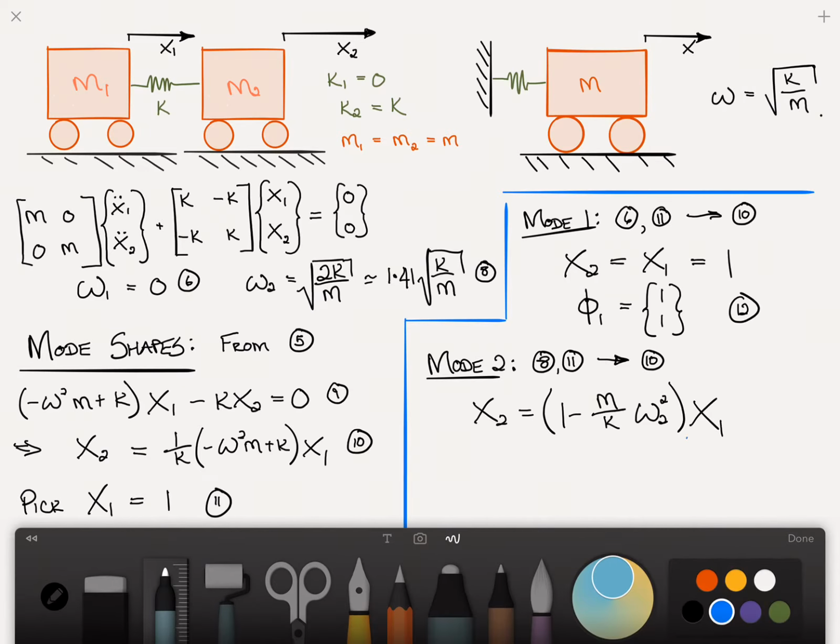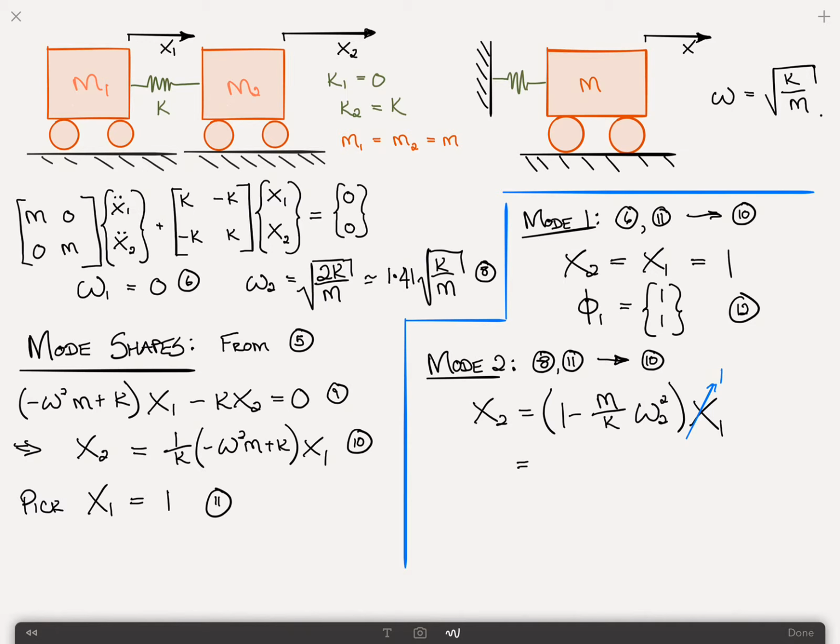Okay, we know that x1 equals 1. I'm just going to cancel that. Okay, and we substitute for omega 2 squared. We end up with, I can lose the parentheses, 1 minus m over k times 2k over m. The k's cancel, the m's cancel. I end up with 1 minus 2, and that is equal to minus 1. And so therefore mode 2, we'll call it phi sub 2, is equal to 1, minus 1.